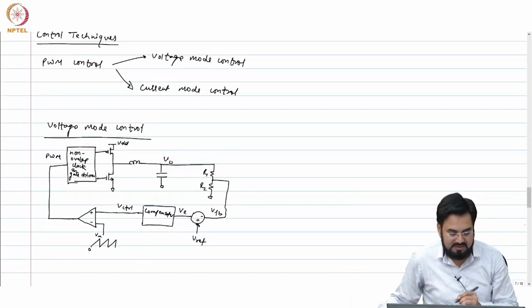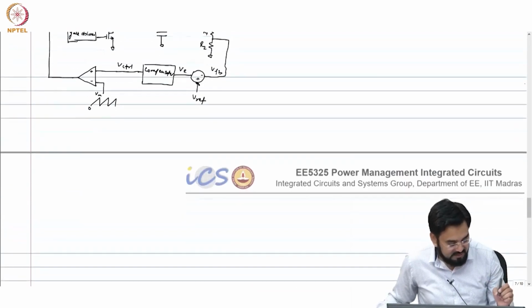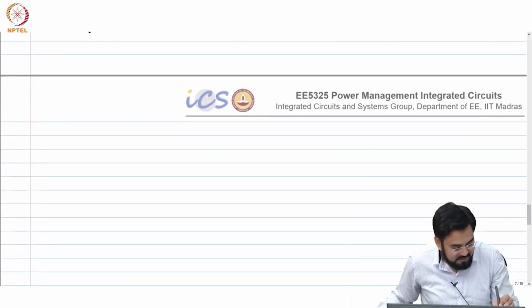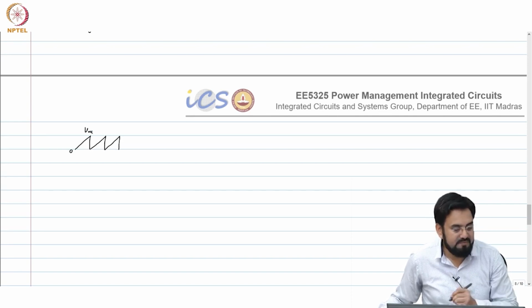So now let's see how your duty cycle is getting generated here. This is your sawtooth going 0 to Vm.